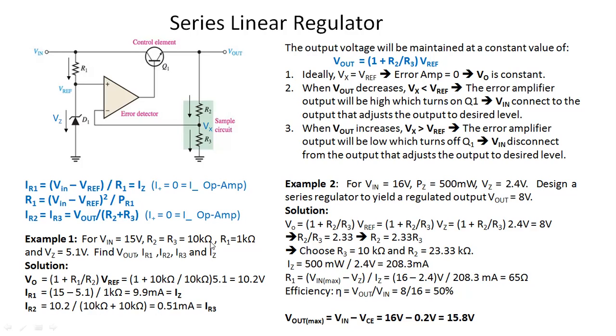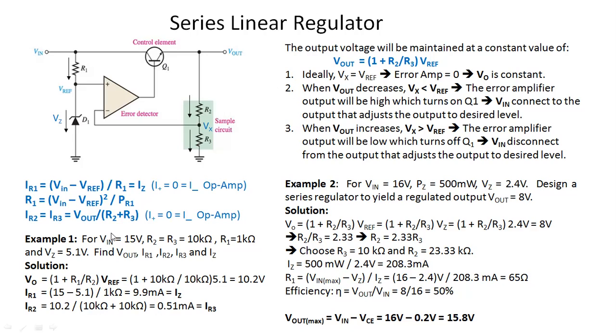So here, let us take one example to see how to solve. We are supposed to solve numericals on our third unit, that is voltage regulator. We have previously seen how to solve questions on line regulation and load regulation. Now we can solve numericals on the series linear regulator.